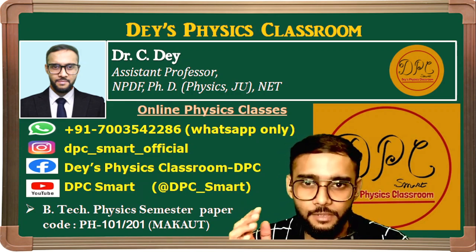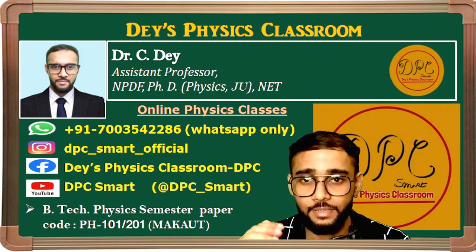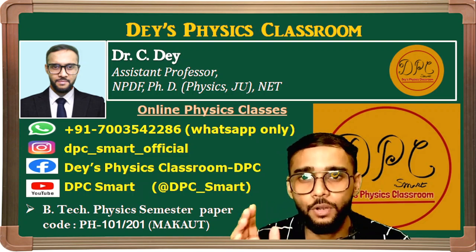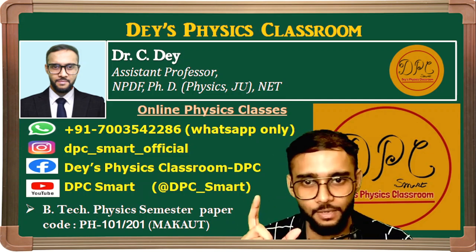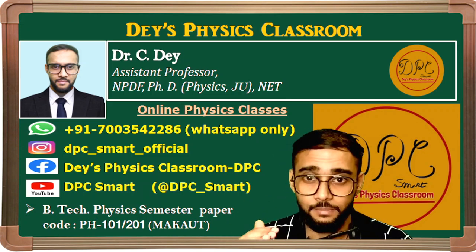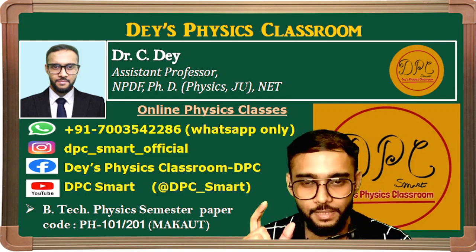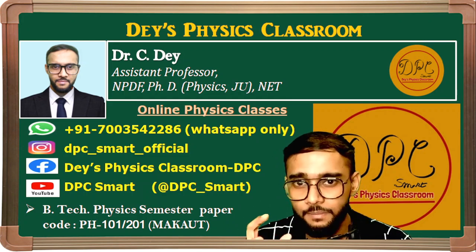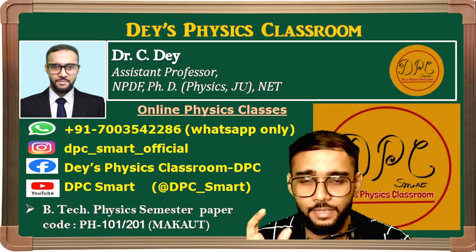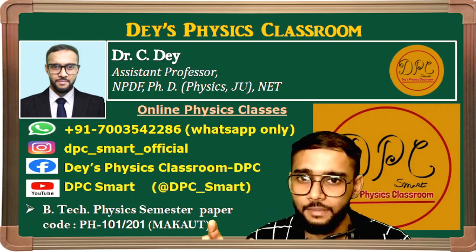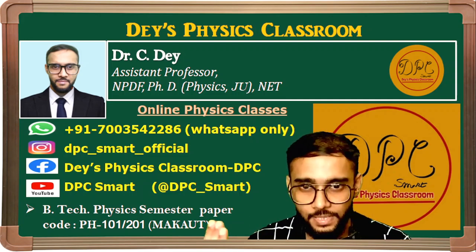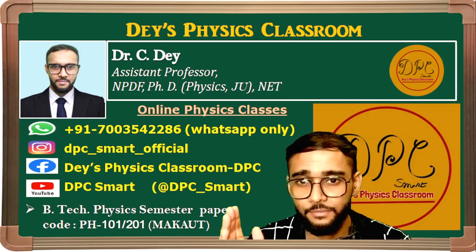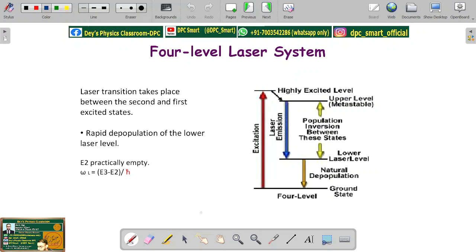If the system consists of more than 3 energy levels, then we will call that system a 4 level laser system. এমন না যে ওটা 4টে লেভেলই হবে, হতে পারে 5টা লেভেল 6টা লেভেলের এনার্জি লেভেলের লেজার, বাট আমরা ওটাকে 4 level laser ডিনোট করব, as the minimum energy level that is required for laser is 3 levels. So apart from the 3 level laser, all other laser systems having more than 3 energy levels, we call 4 level laser systems. So this is the energy diagram for the 4 level laser system.